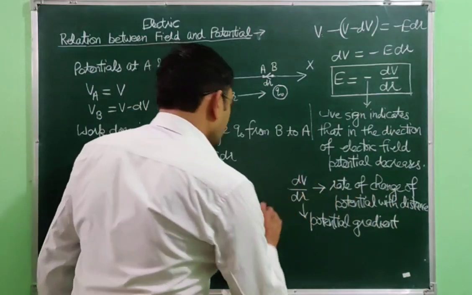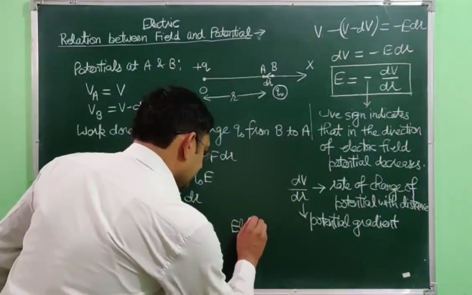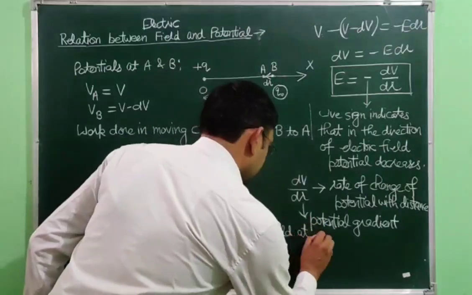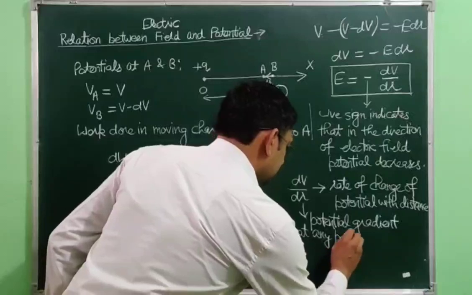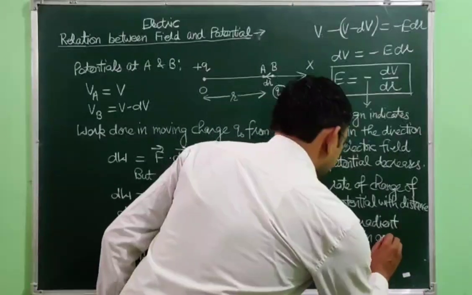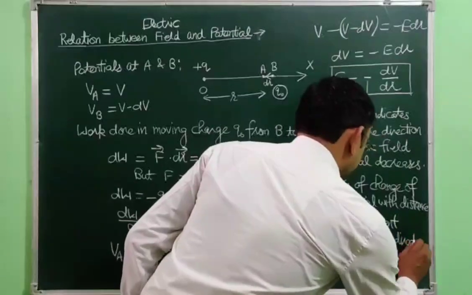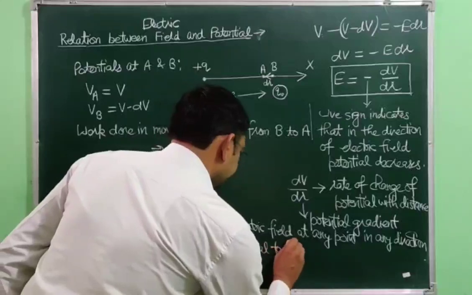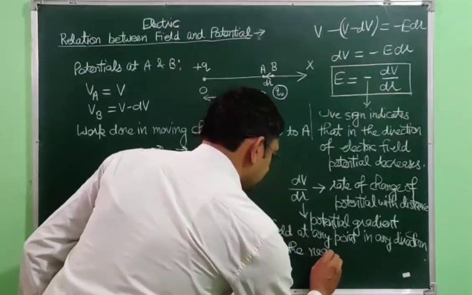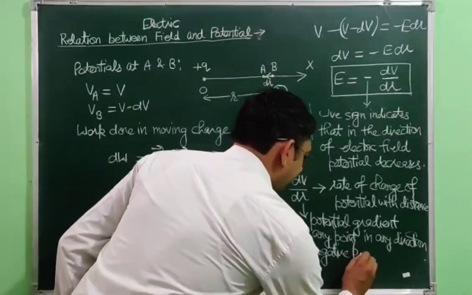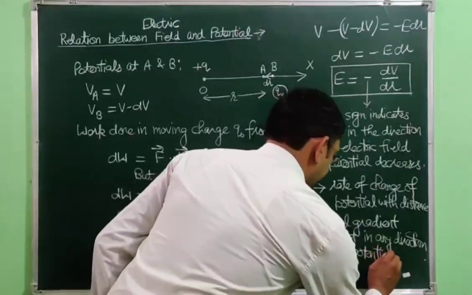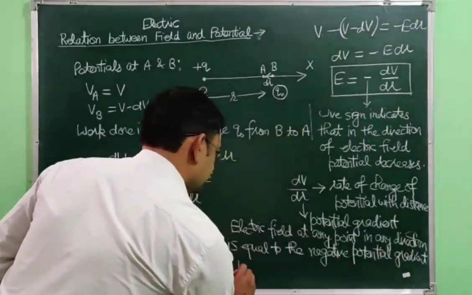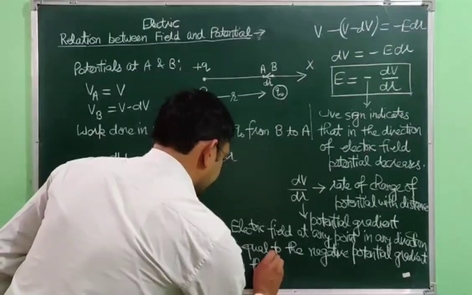Okay. So electric field can be defined as, electric field at any point in any direction is equal to the negative potential gradient in that direction.